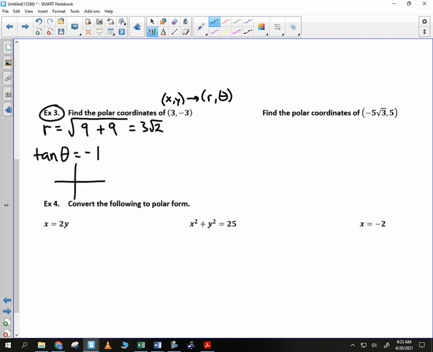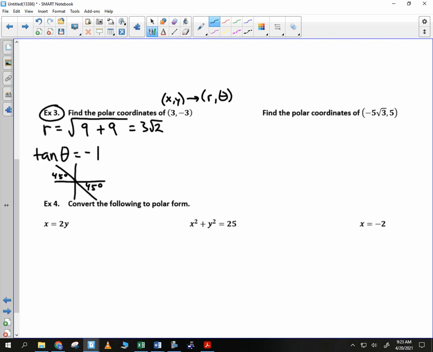Tangent is negative. In which quadrants is tangent negative? Second and fourth. If I take the inverse tangent of 1 on my calculator, what do I get? 45 degrees. Can somebody tell me, am I looking for the angle in the second quadrant or the fourth quadrant?